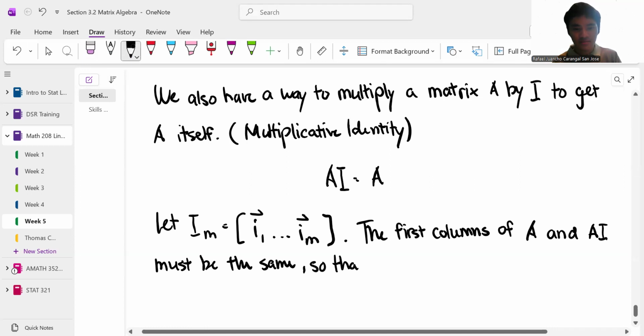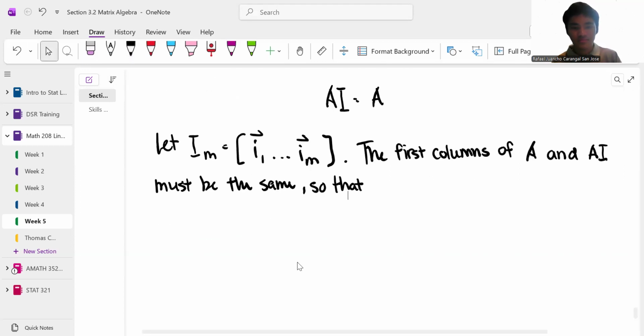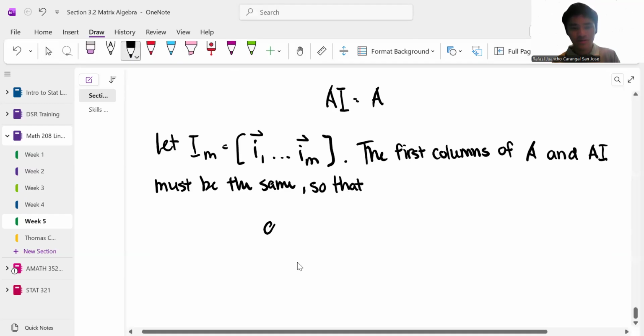So when we get our first vector A1, this is the same thing as the matrix A, I1, and I keep adding.